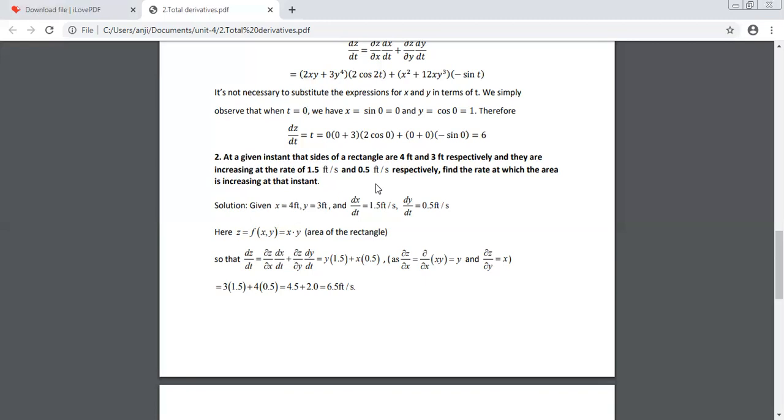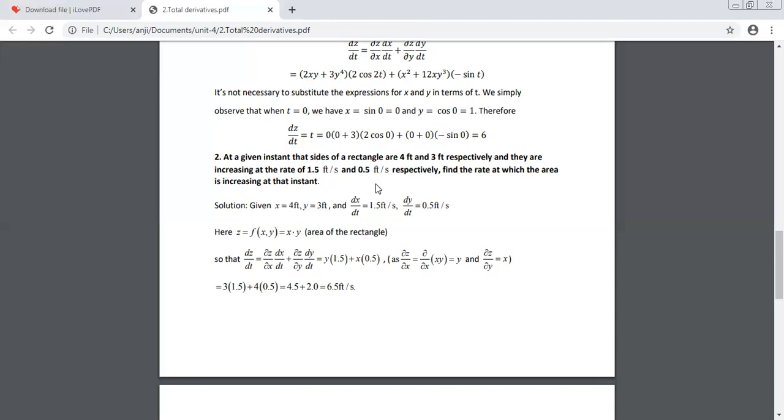We have to find the rate of the area of the rectangle. So here z equals f of x comma y equals x into y, because the area of the rectangle is xy.